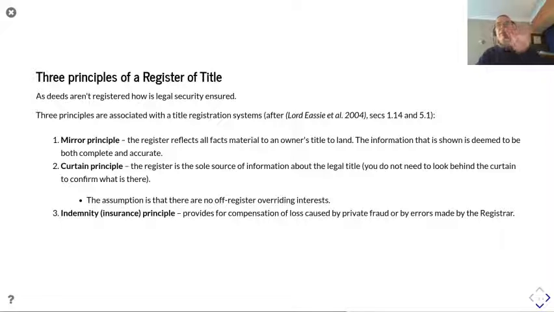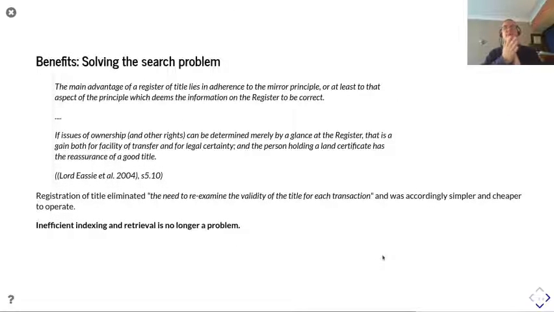And these principles are in there to deal with the fact that there are differences in legal security between a register of deeds and a register of title. And the main problem that you see from a register of title is solving this search problem. So the main advantage of a register of title lies in adherence to the mirror principle, or at least to that aspect of the principle which deems the information on the register to be correct.